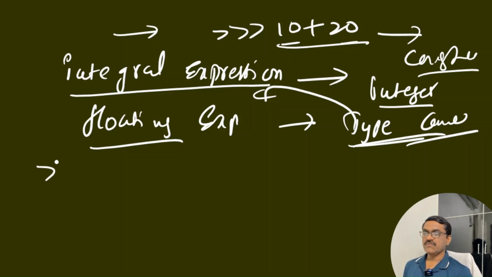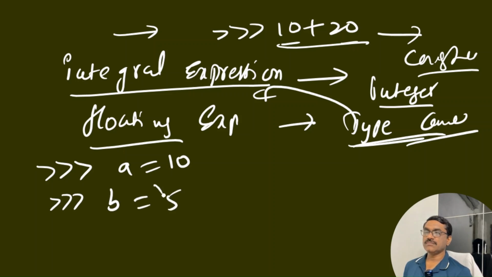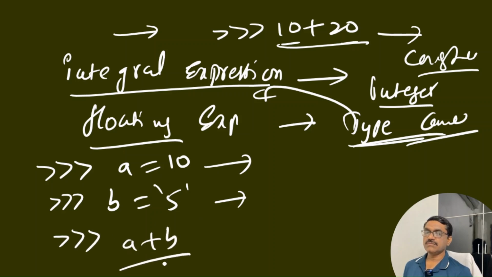Let us see one example for this. Here we say a equals 10, and assume that b equals 5, as a string variable. This is an integer object and this is a string object. Can you perform addition, a plus b? No, we can't perform the operation on different objects. Here, what you have to do is first convert this b into an integer.